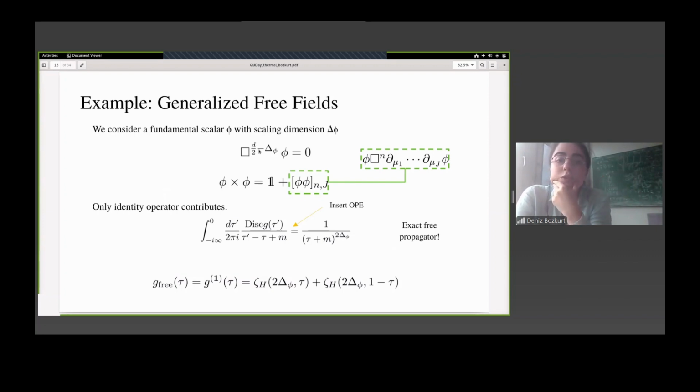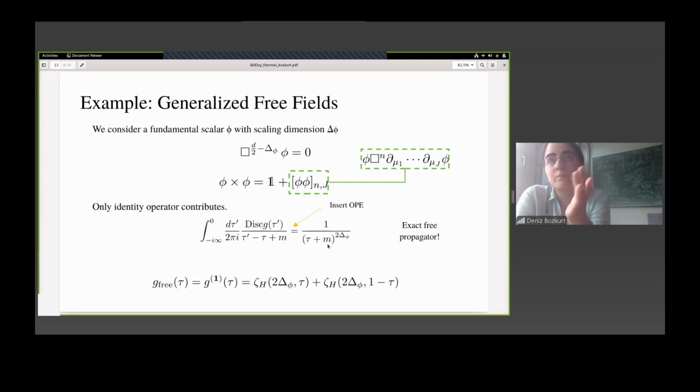And then also, in this case, the exact form of the correlator is known. So once we do the computation, we can check it. And so if we insert the OPE into this integral over the discontinuity, as I was showing you before, we would see that this integral gives you this very simple expression.